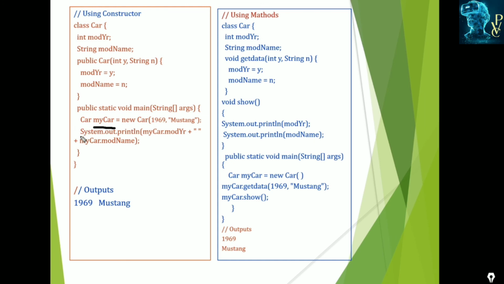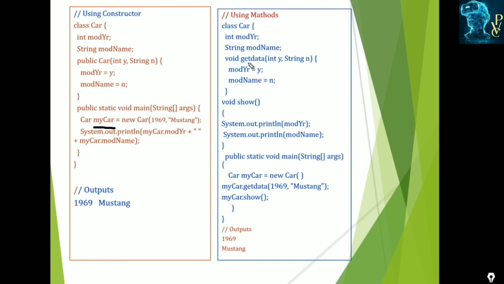Here there is no statement related to calling a method. So here you observe this is the Car class which has the model year and model name, the same program. One is using the constructor, and this one is using methods.